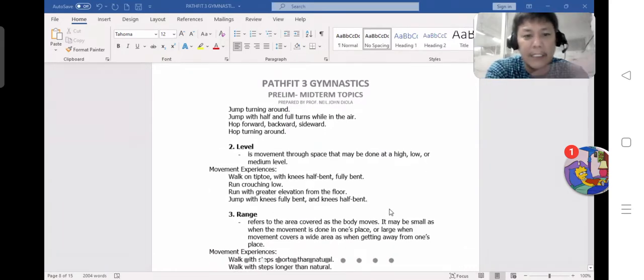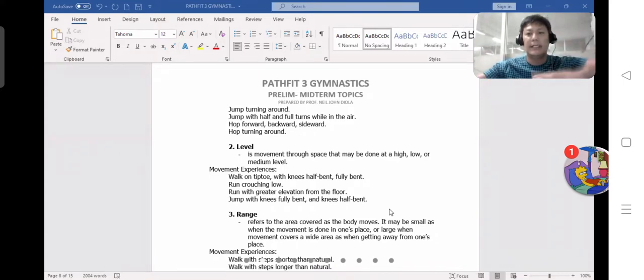Let's say, for example, we go from one formation to the next formation, from a circle formation to a triangular formation, moving towards the next formation. But there are three levels of movement before going to that, or during your movement of a certain routine or figure.